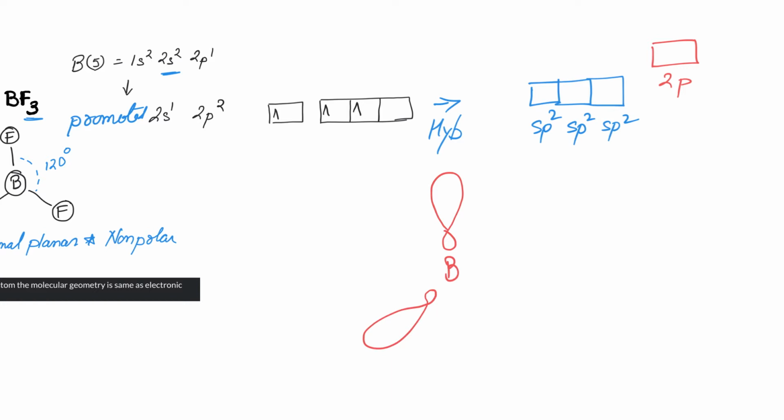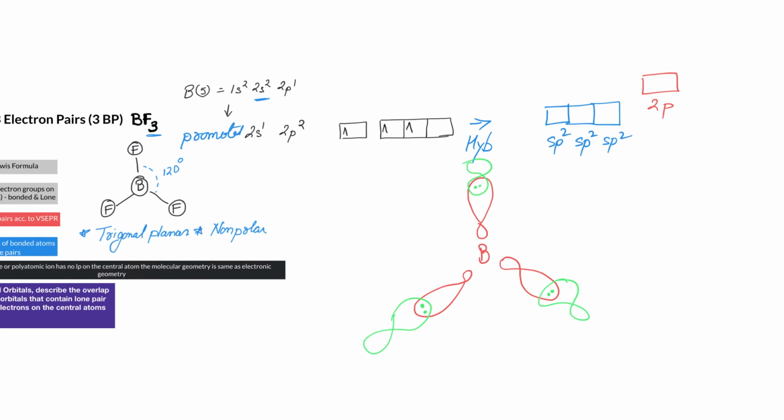So they would occupy the 3 corners of the equilateral triangle, and remember, they would not be symmetrical, because symmetry is a property of the pure orbital. Now let us bring the fluorine orbitals. Now these would be perfectly symmetrical, right, like this. Although my drawing is not very perfect, this is the fluorine and this is where you have your electrons, right. So this is how you describe the hybridization of BF3.